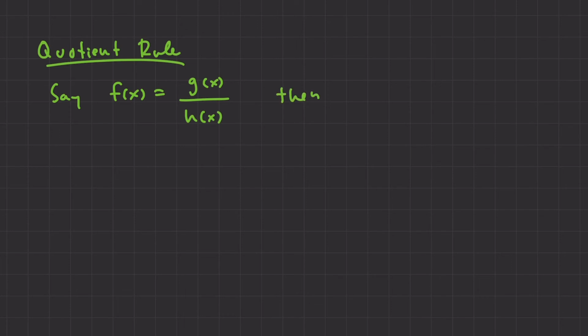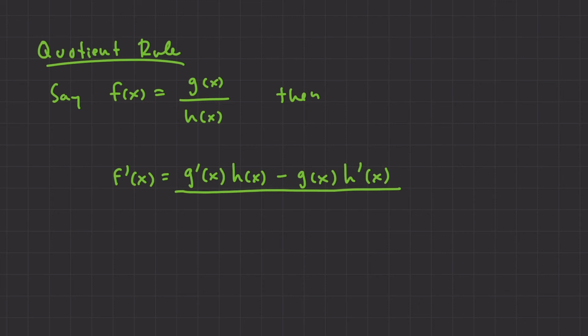We say that f prime of x, the derivative of this quotient of functions, is equal to g prime of x times h of x. So the derivative of the first one times the second function, kind of looking familiar a little bit. This time we take a subtraction. We do minus g of x times h prime of x, all over h of x squared. H of x squared, what the heck?